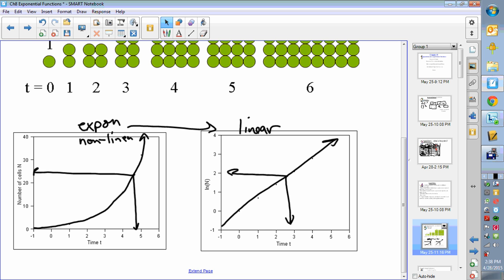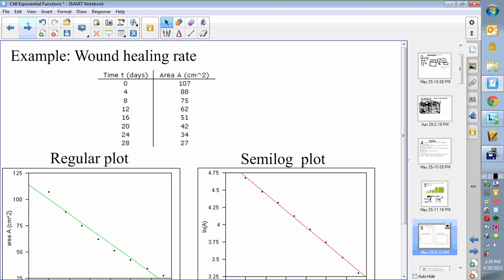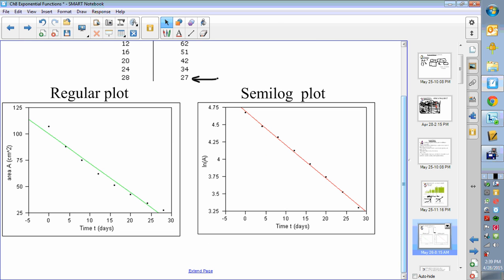Okay, so another point of logarithms. If we looked at the wound healing rate, the area of a wound and how much smaller it gets as it heals, starting at 107 square centimeters, and as time goes on, the size of the wound is decreasing. If you were to plot that, the regular plot would show you attempting this green straight line, but if you look at the scatter plot and look at the points, it certainly looks like a curving function.